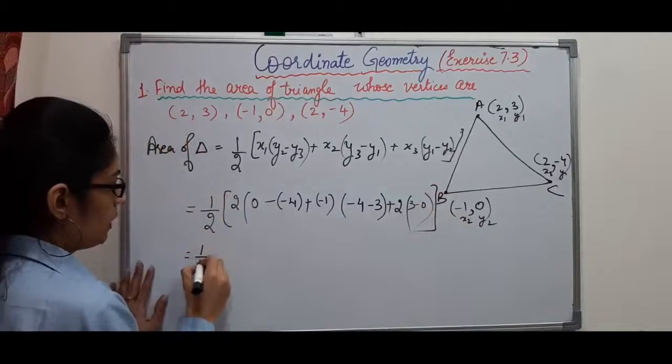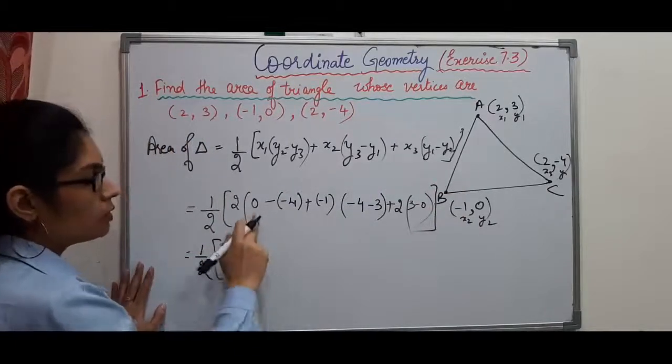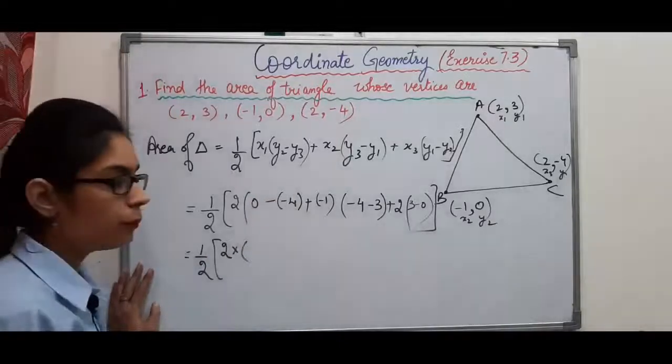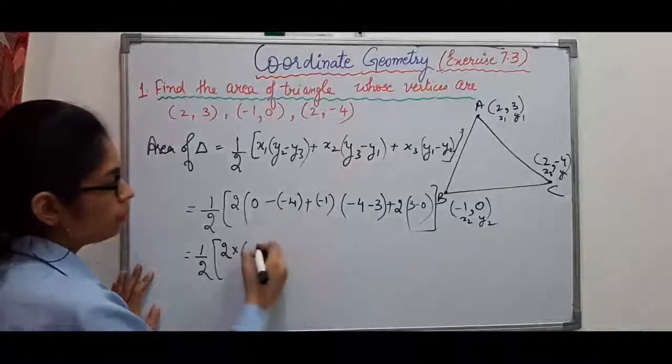So 1 by 2, it is 2 into 0 minus of minus 4. Minus and minus sign will change to plus sign, so 0 minus of minus 4 will be 4.